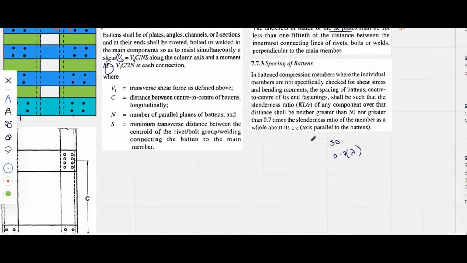Okay, so C by R minimum must not be greater than 50 or this value.